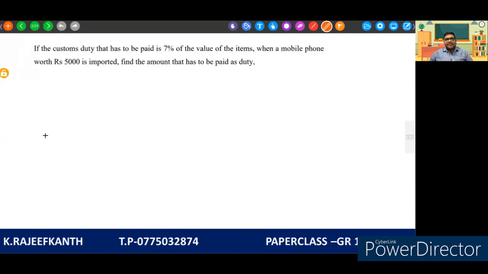Then second one. If the customs duty that has to be paid is 7% of the value of the items, so we have to pay 7% for duty. When a mobile phone worth rupees 5,000 is imported, find the amount that has to be paid as duty.